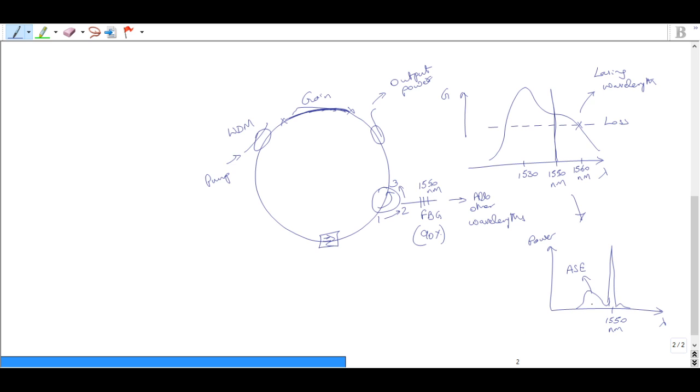Because the spontaneous emission is a random event, the amplified spontaneous emission tends to be with random phase, and even the frequency is not very well defined. It can be any one of these frequencies under the curve here. Because of that, the ASE works out to be more of a noise as far as the laser is concerned. In this case a laser, but in the case of an amplifier also, that ASE becomes a noise in the process. Okay, so hopefully that clarifies the question.